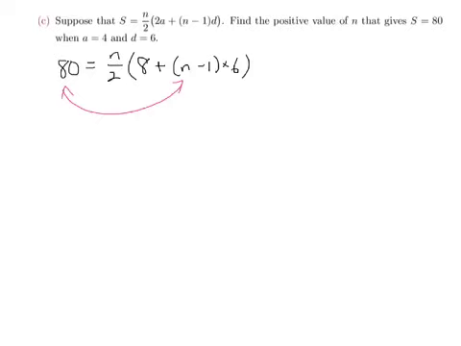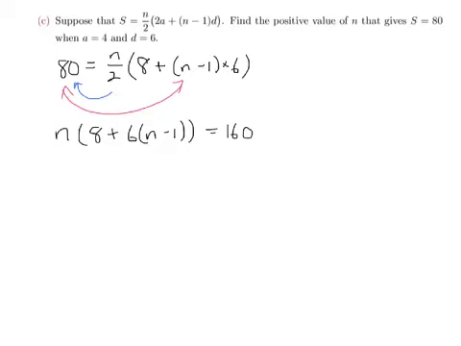The other thing that we're going to do is multiply both sides by 2 because this fraction is just a bit annoying. So after we do that, we end up with n, 8 plus, I'll just reverse these brackets, 6n minus 1. That should be easy enough for you guys, equals 160.